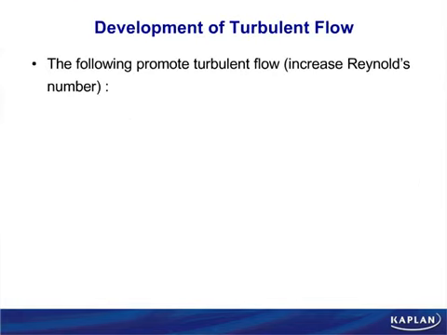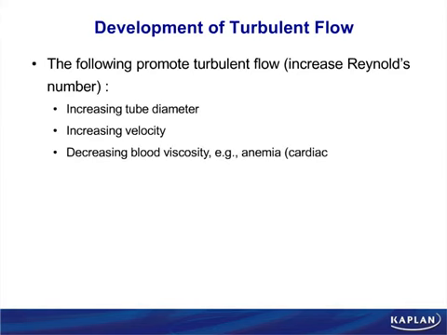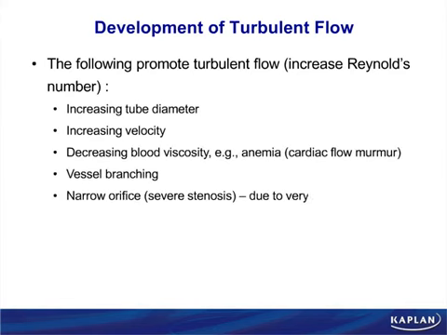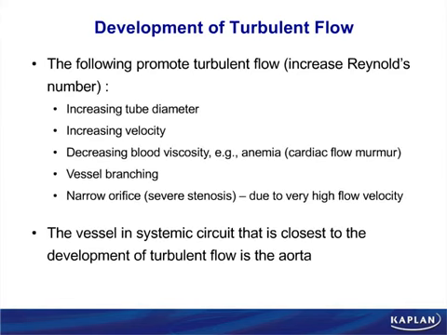All right, so to recap and review again, development of turbulent flow. What's going to promote the likelihood of turbulent flow? Increasing the tube diameter, increasing velocity, or decreasing viscosity. Those are going to be the big players. So big tube diameter, high velocity, and low viscosity, like anemia.